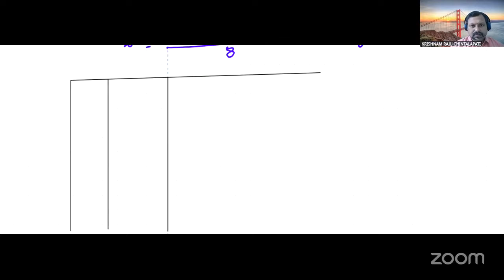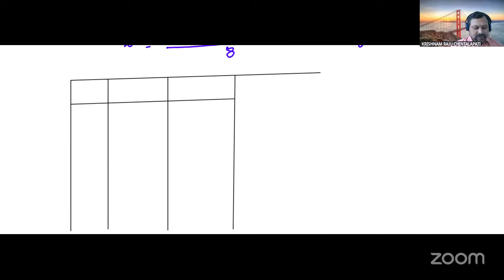Next column, xi minus x bar whole square. So 3 columns are enough. So first one is observations, xi.